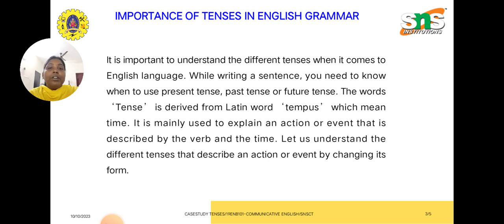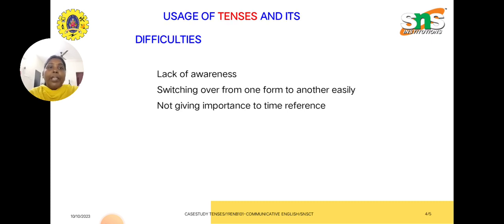The same action verb can be used in the rest of the 11 tense forms. If I want to convey present perfect continuous tense, I can construct something like I have been writing a letter. So these are the basic things needed for a clear understanding of tenses and the usage of tenses and its difficulties.